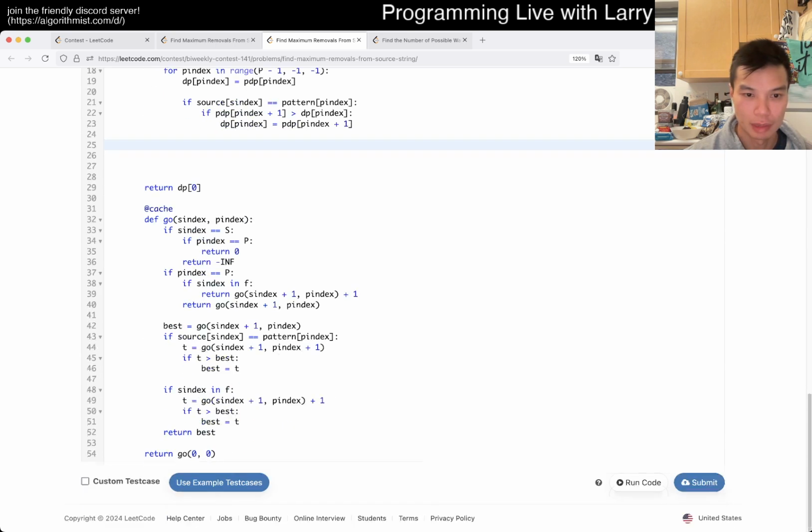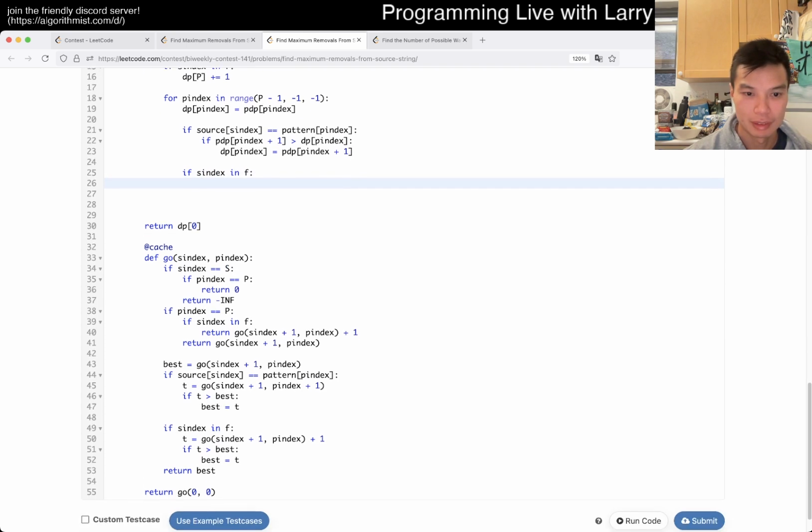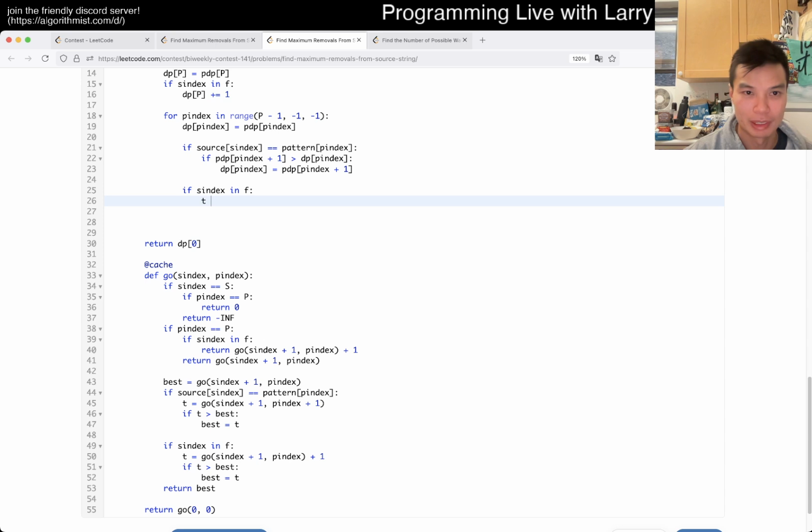Okay, and then now one last more. If S index is in F, we probably could remove this loop for whatever, but whatever.